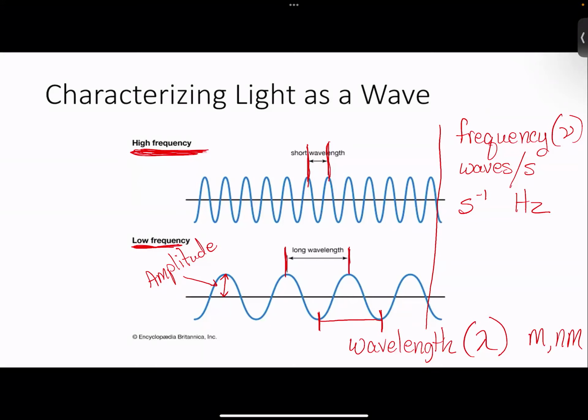Therefore, wavelength and frequency are inversely proportional to one another. If one is long, the other is short or low. If you have a long wavelength, you have a low frequency. They're inversely related.